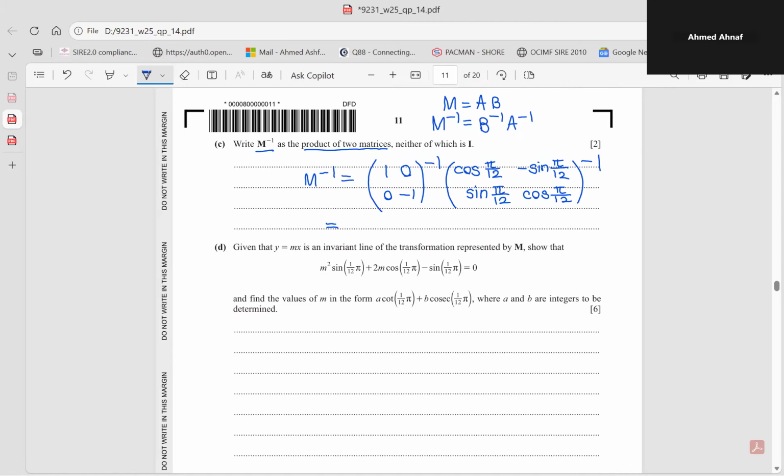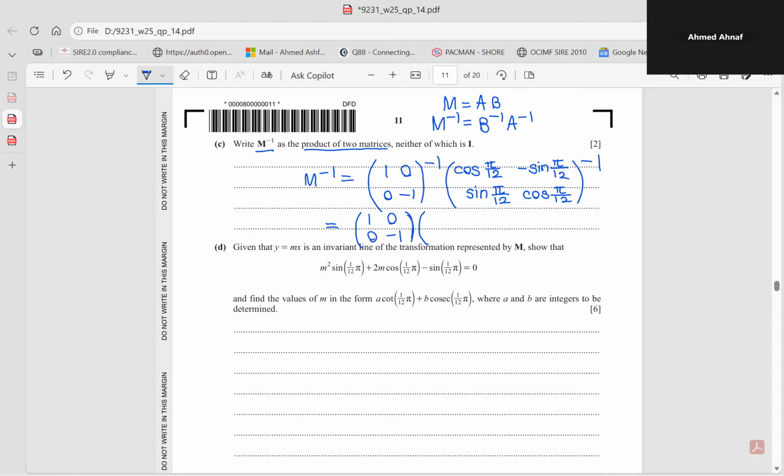Okay, so 1, 0, 0, -1, matrix A squared. Yeah, so this one is 1, 0, 0, -1. Yeah, it's the same.